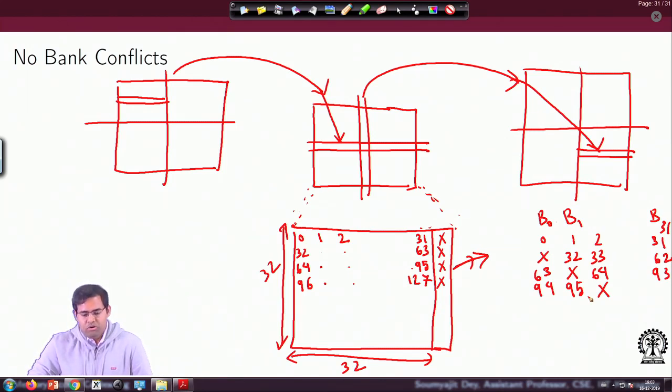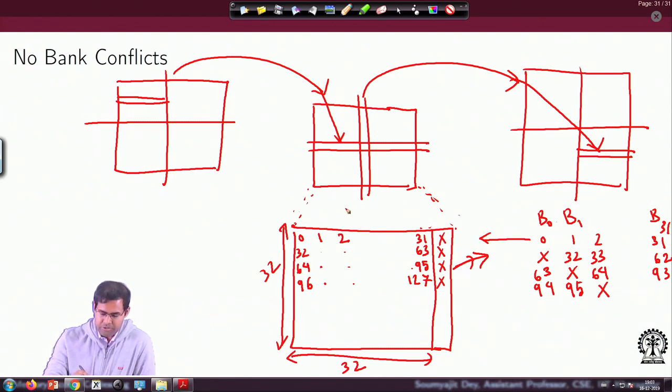So, I am doing a load by column, right. Now when I am trying to access the data, look at the loads that will happen. In the first load, I get all the data, right.